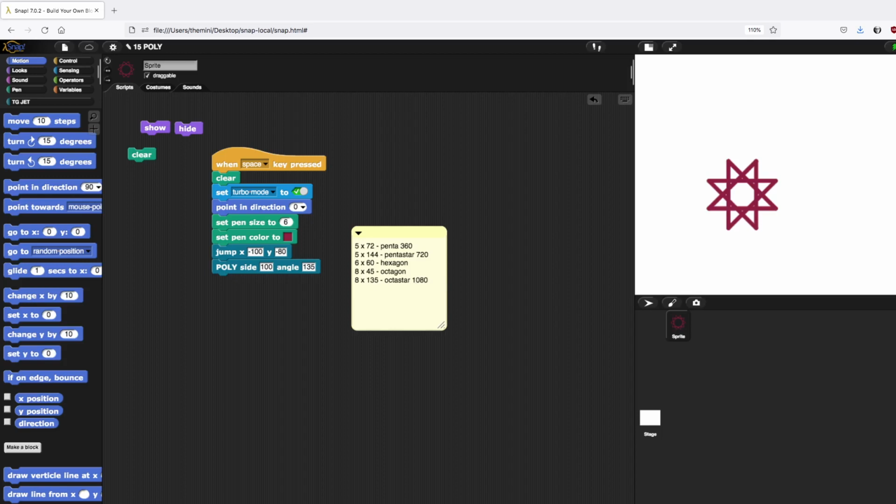I mean, 10 times 108 is also, yes, let's see what happens with the 108. Yes, a very nice star that has 10. I'll make it slightly bigger so it's easier to see. Yay.